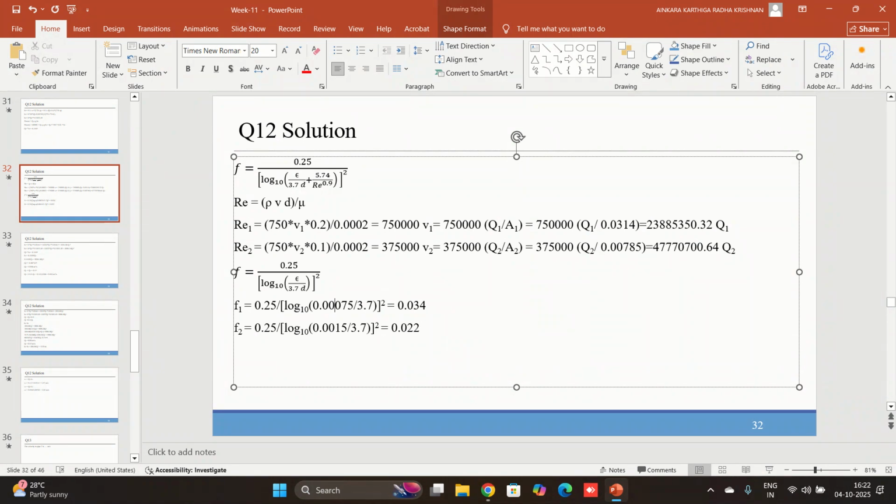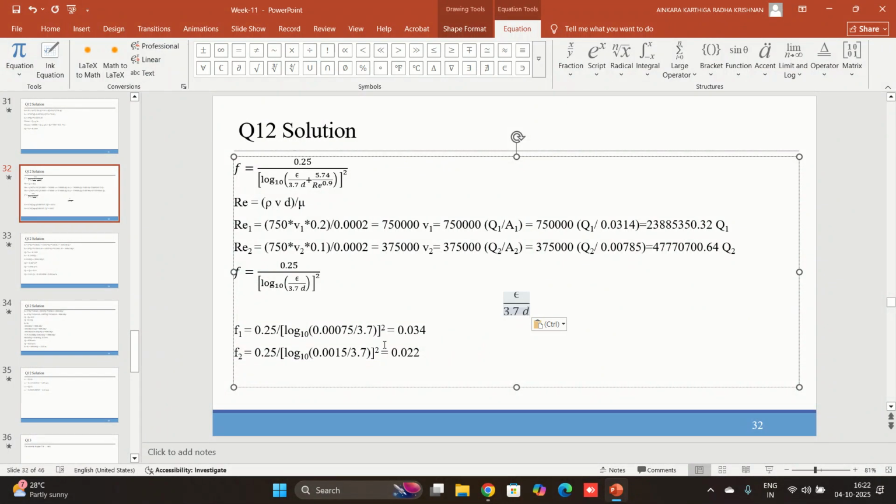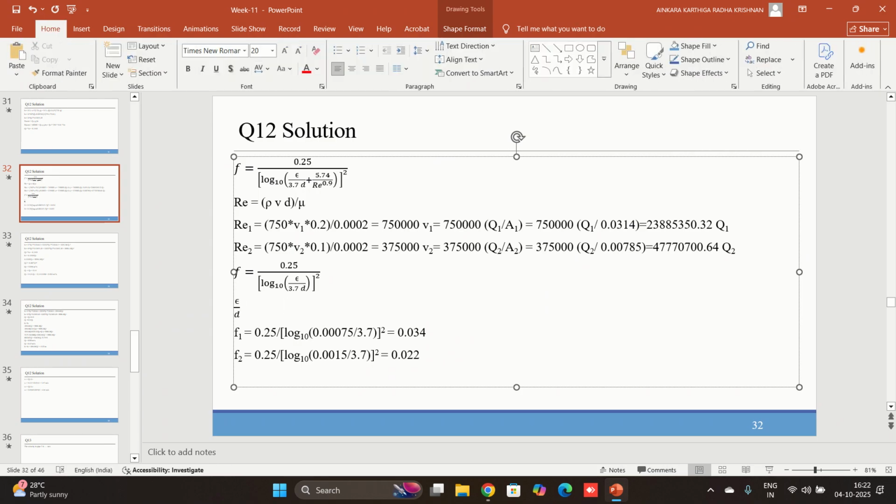Epsilon by d we know, it is 0.0075. If you want I can write it here. It is the roughness ratio. So it is 0.0075 divided by 3.7, log, answer, square, 0.25 divided by answer.